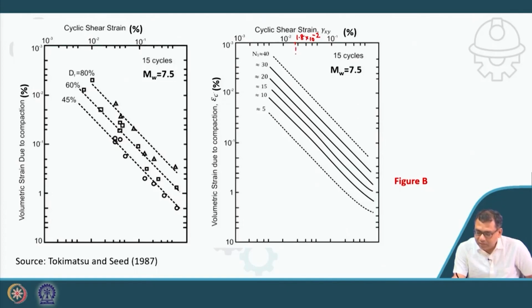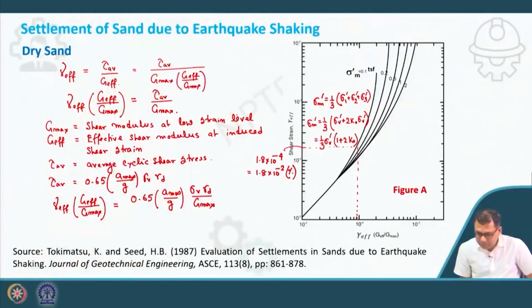So now if I come here and calculate the value from here. Remember that this chart is going upward. This is 10 to the minus 4, this is 10 to the minus 5, minus 4, minus 3, minus 2.